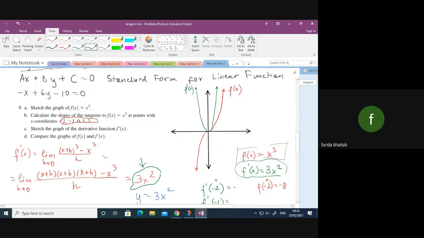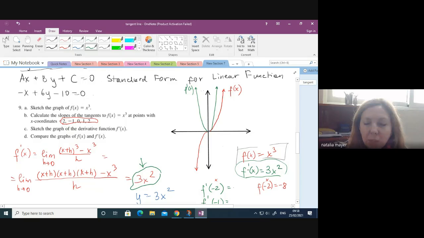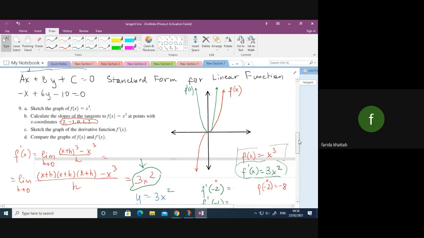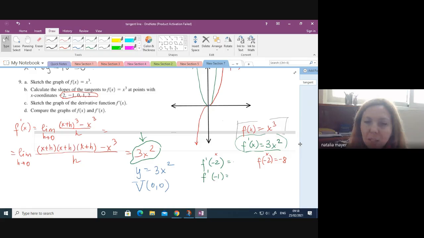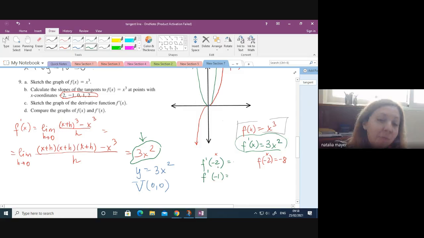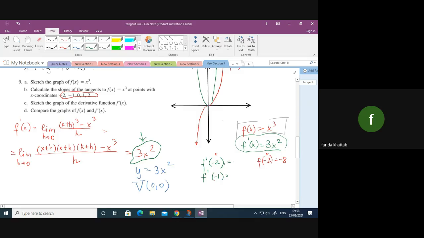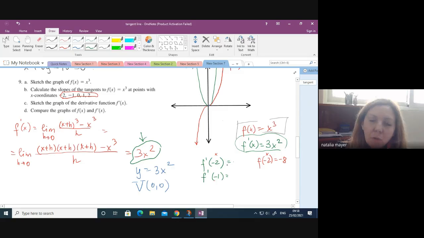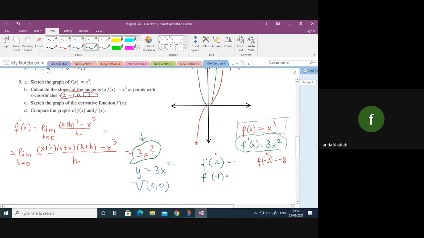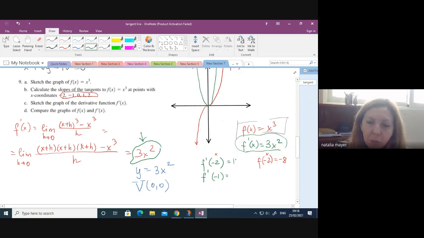I'm asking what's the corresponding y value for this x? 3. Where are you inputting the x equals -2? No, -2. Okay, it's going to be 12. 12. Let's move on.